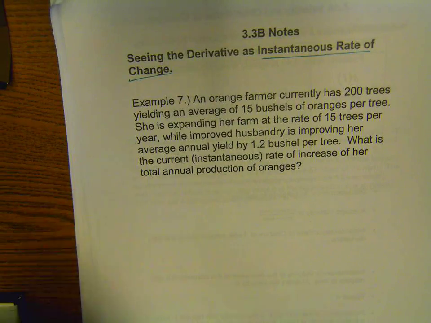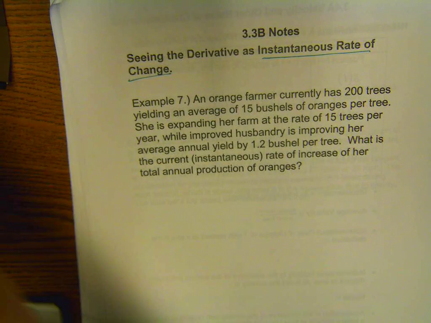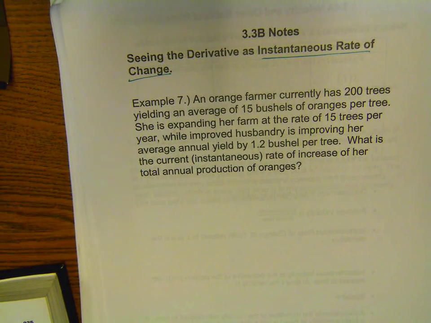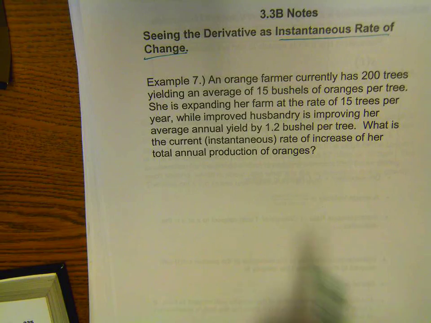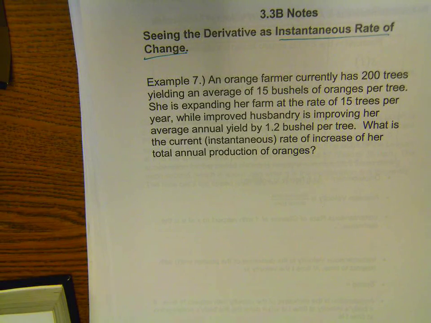So in general, how would I figure out the annual yield? What would I have to multiply together? Or I guess what two things would give you the total yield of the farm?